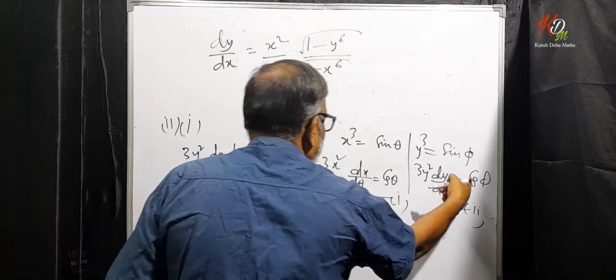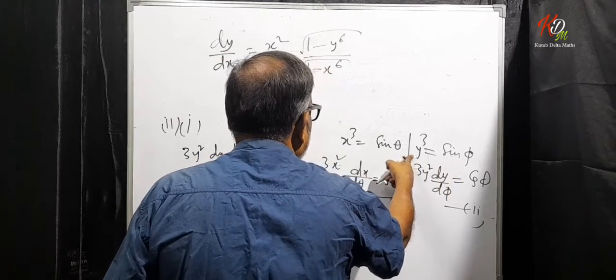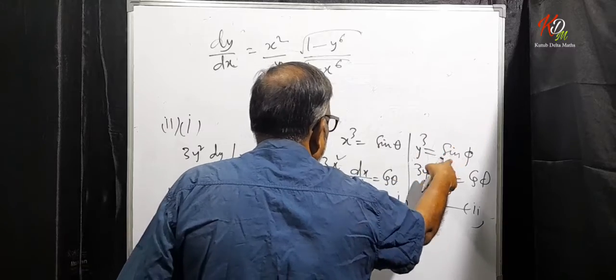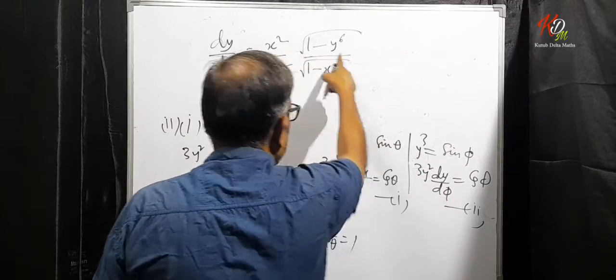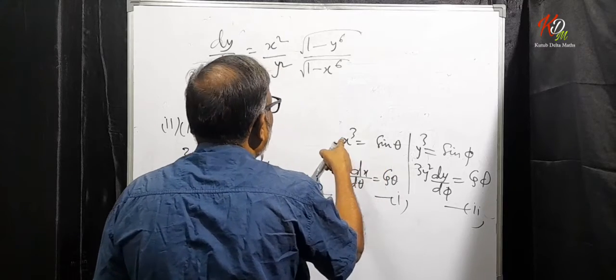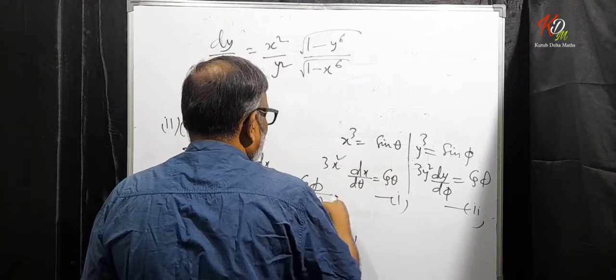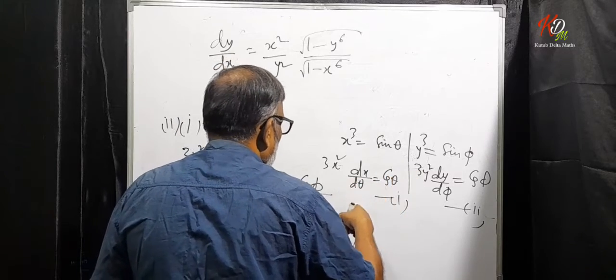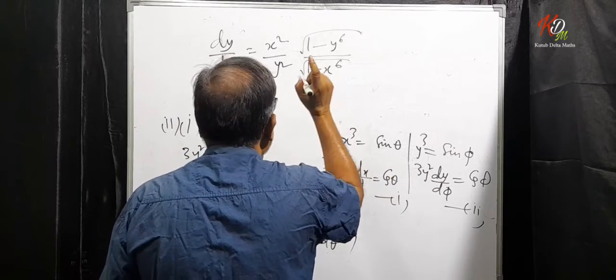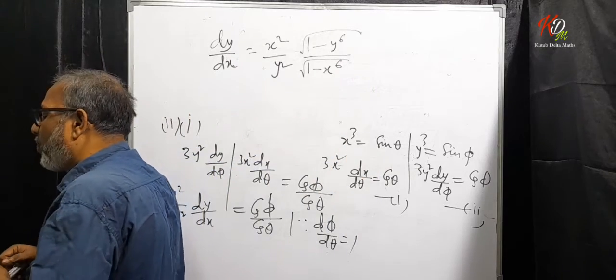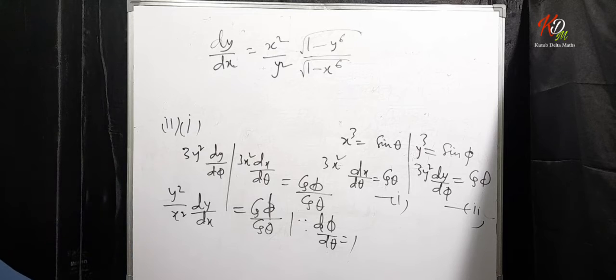Cos phi: sin phi equal to y cube, cos phi equal to root under 1 minus sin square phi, that means root under 1 minus y^6. Similarly sin theta is x cube, so cos theta will be root under 1 minus sin square theta, so root under 1 minus x^6. Hence this is the required value of dy/dx here.